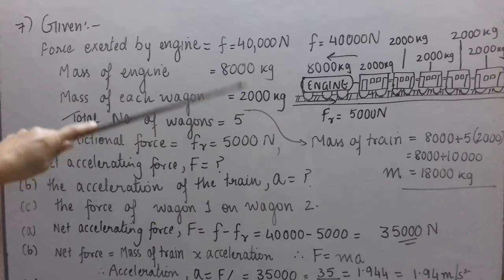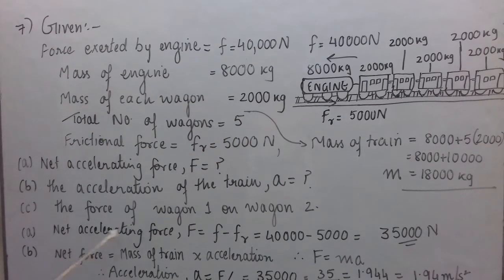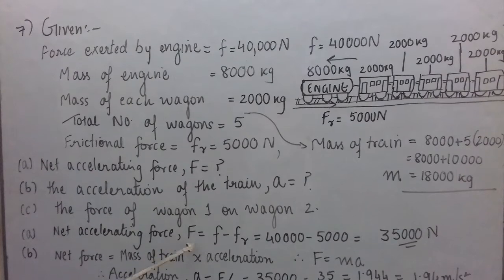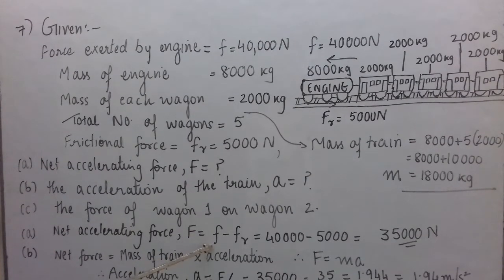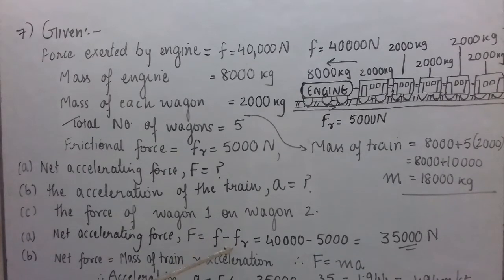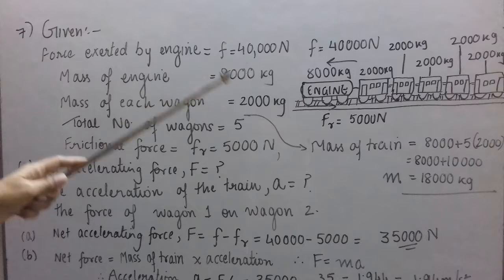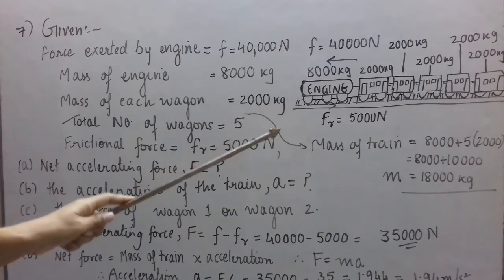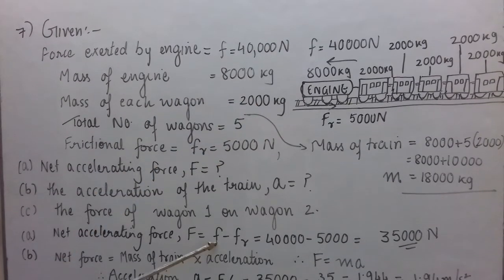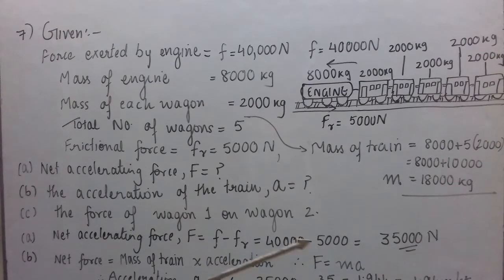So from the diagram itself we can get the answer that the net accelerating force F is equal to the force applied by the engine, minus Fr, the frictional force, as these 2 forces are acting in opposite directions. So 40,000 minus 5,000 will be 35,000 Newton.